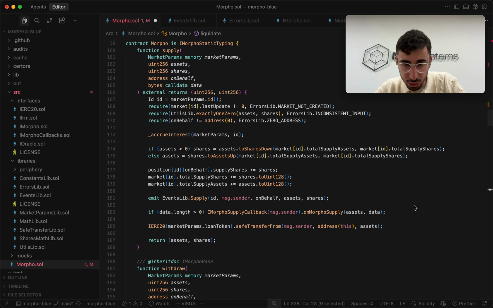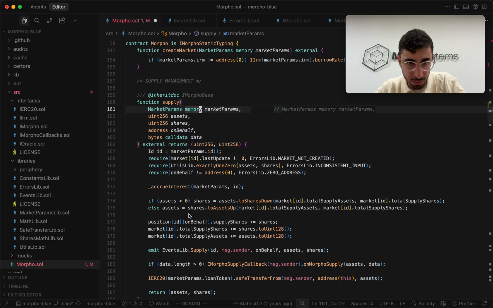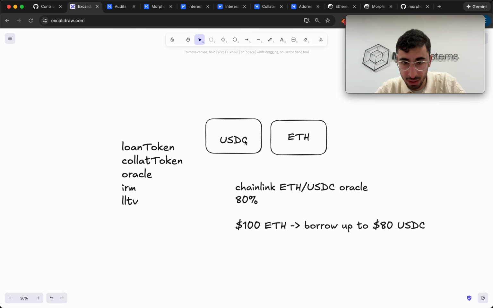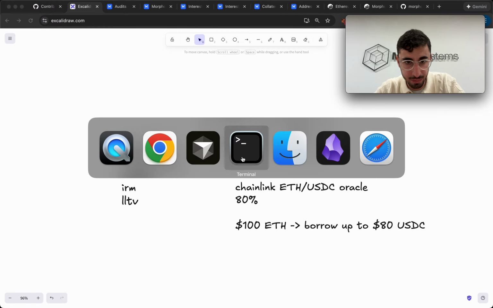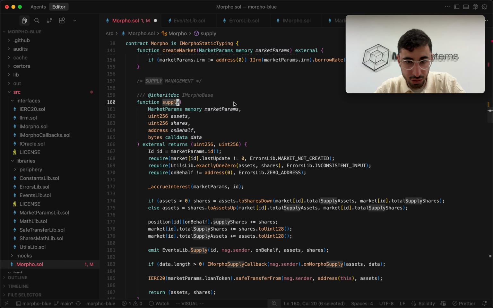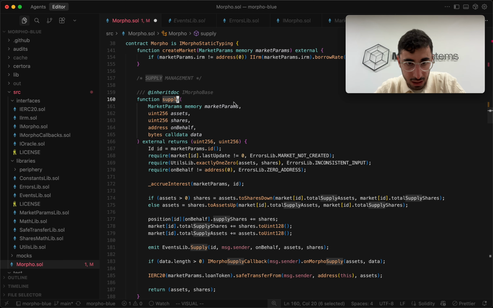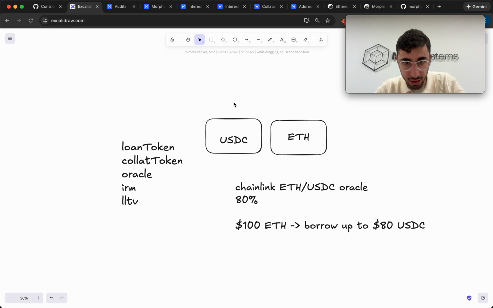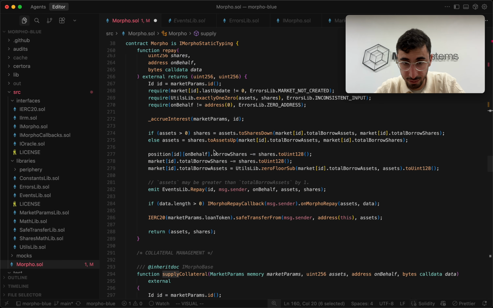I don't want to get into too much detail about each function, but if we have a USDC ETH market, where you put down ETH to borrow USDC, supply is supply USDC.